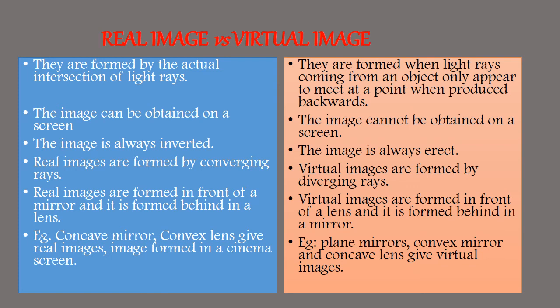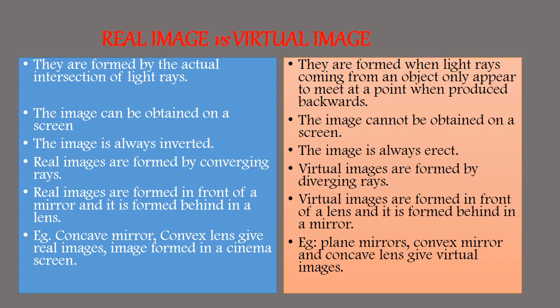Real image is always inverted, whereas virtual image is always erect. Real images are formed by converging rays. Virtual images are formed by diverging rays, as we analyzed. Real images are formed in front of a mirror and behind a lens. Virtual images are formed in front of a lens and behind a mirror.